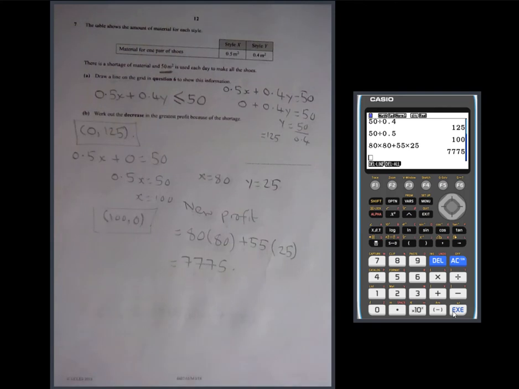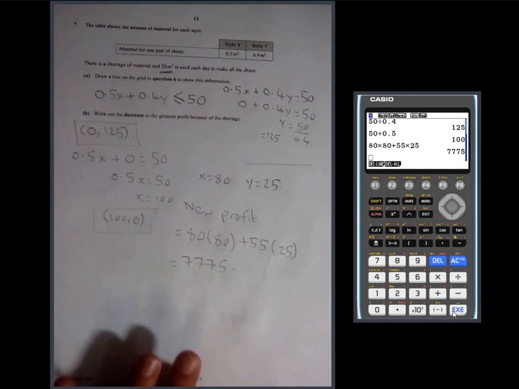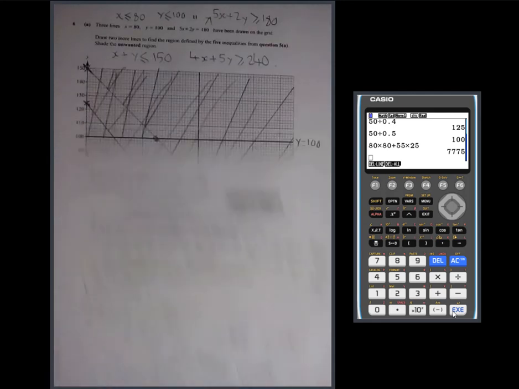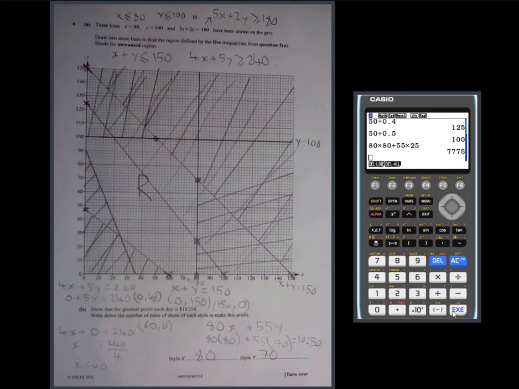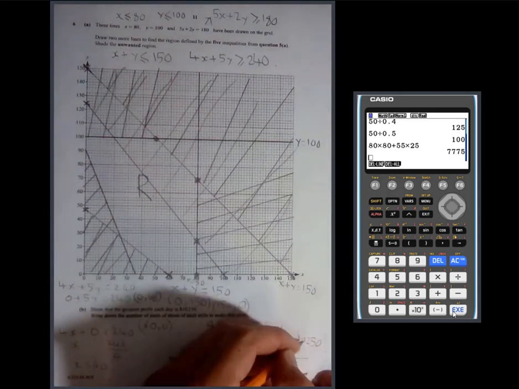So the decrease in profit must be the old profit minus the new profit, or the new profit minus the old profit and get a negative. Remember, our old profit was 10,250.